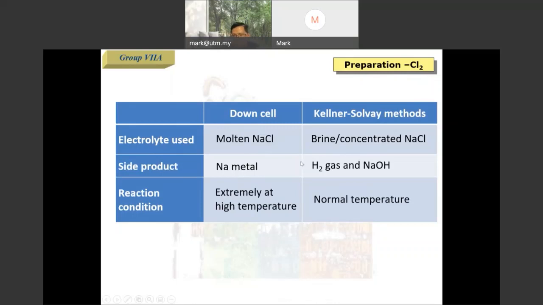The Kellner-Solvay method produces hydrogen gas and sodium hydroxide, which are not needed and can cause complications when they react with the chlorine gas. However, for the Downs cell the reaction condition is extreme, at high temperatures, while the Kellner-Solvay method only requires normal temperature to react.